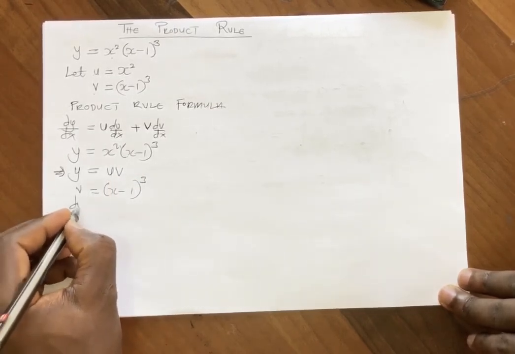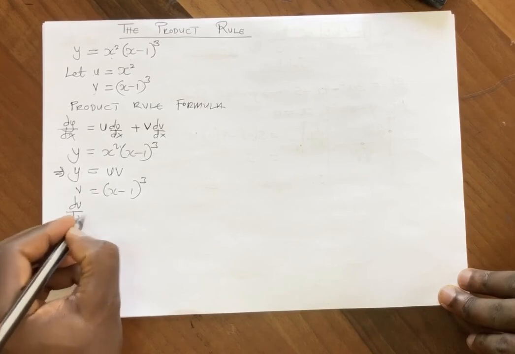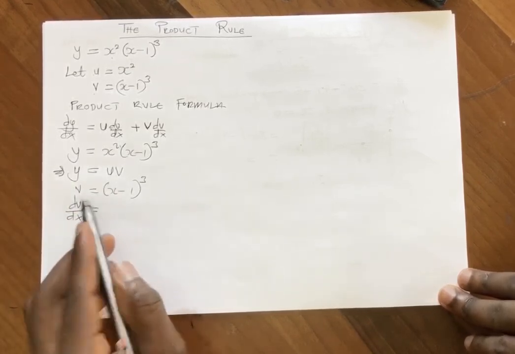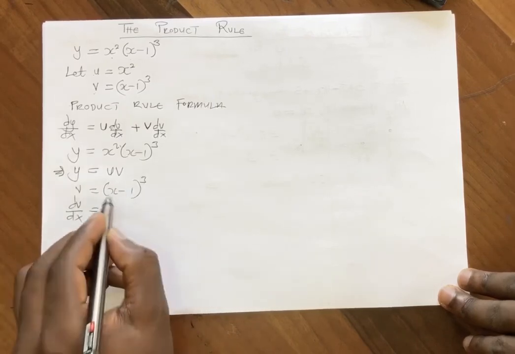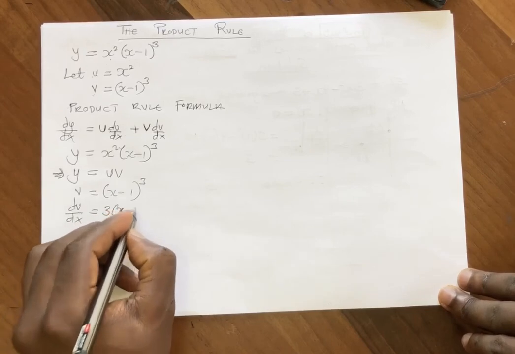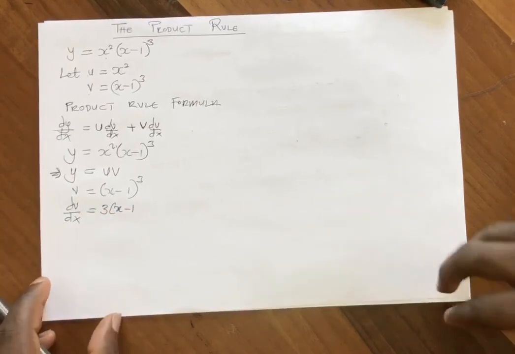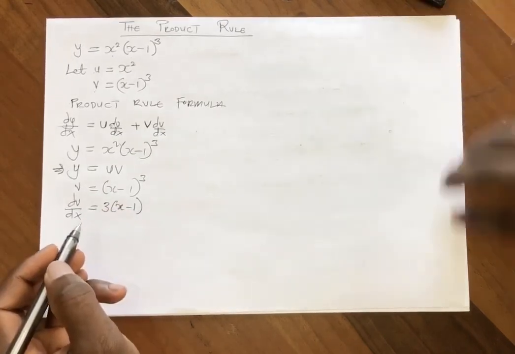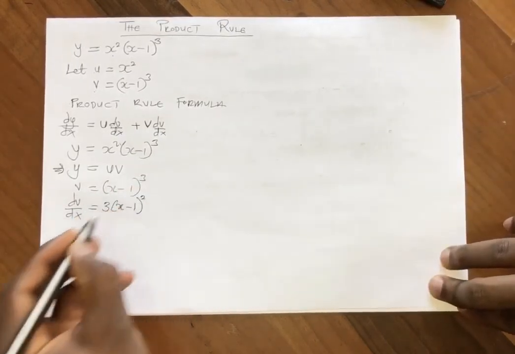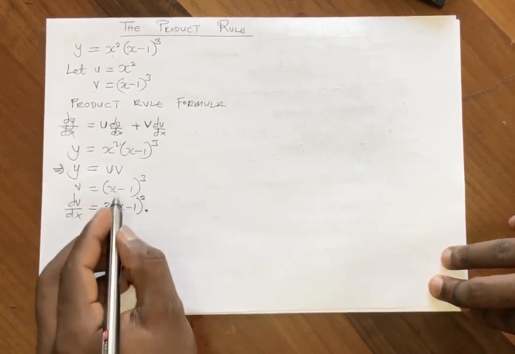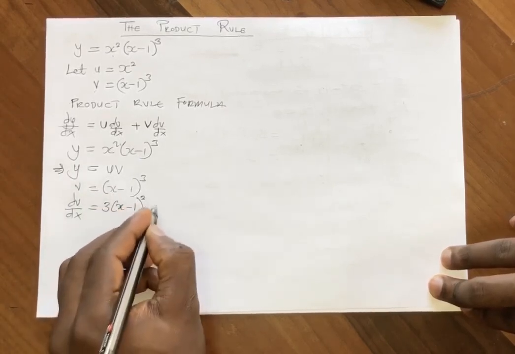So dv/dx, this would employ the chain rule. Differentiate the outer, which will give you 3 times (x minus 1), then you subtract 1 from the power, making 2. Then you differentiate the inner: if you differentiate x minus 1, it gives you 1.